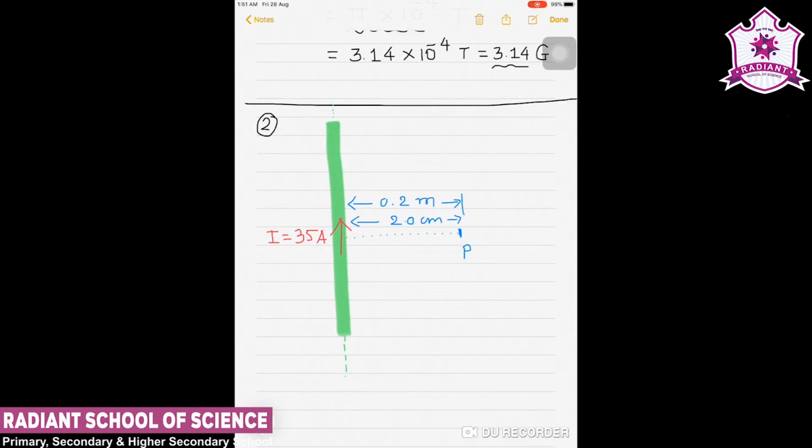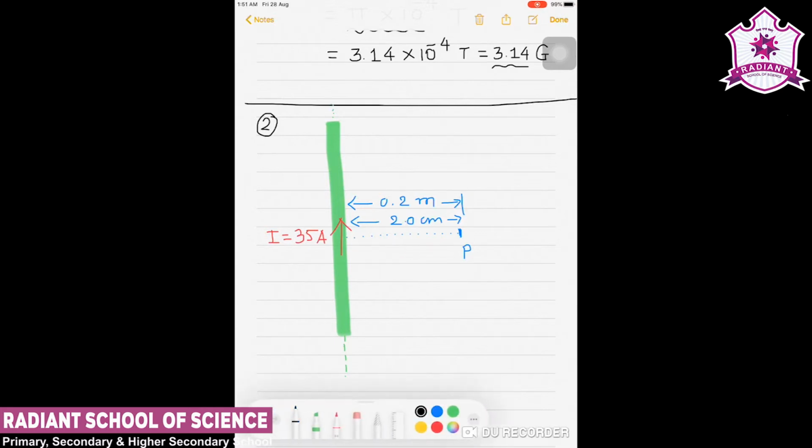We have to find the magnitude of the magnetic field there. We have the particular distance and the current, we know the value of mu 0, and we have a very popular equation from Ampere's circuital law.